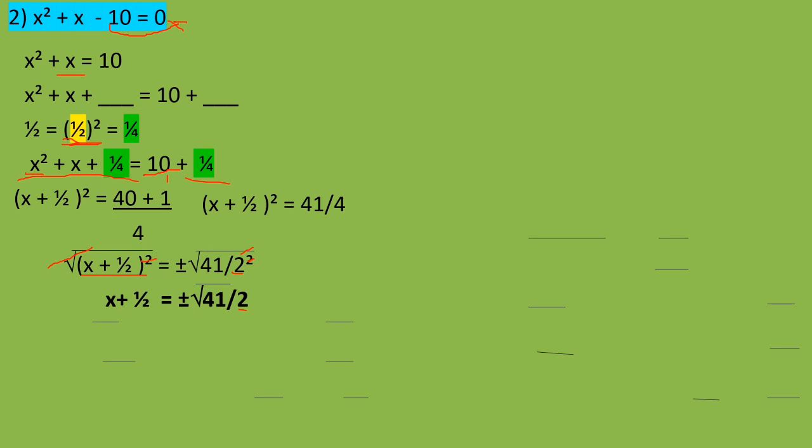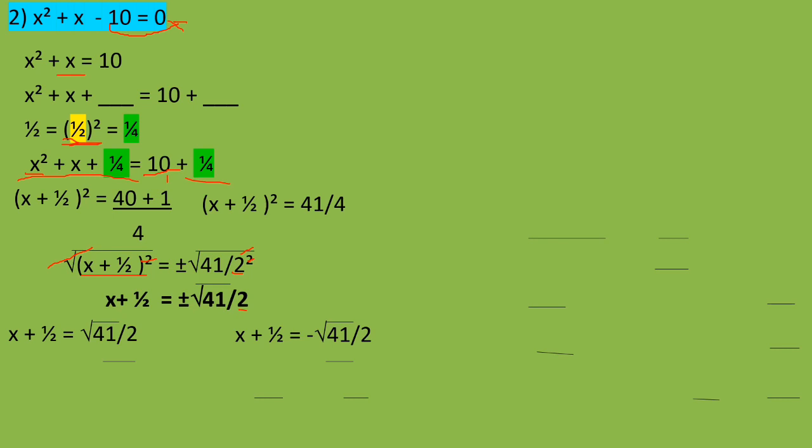Next, ay pwede na nating equate or kunin ang value ng x gamit ang plus minus. So, unahin natin ang plus sign. X plus 1 half is equal to square root of 41 over 2. Or, pag walang sign na nakalagay, that is plus. And the other one, x plus 1 half is equal to negative square root of 41 over 2.